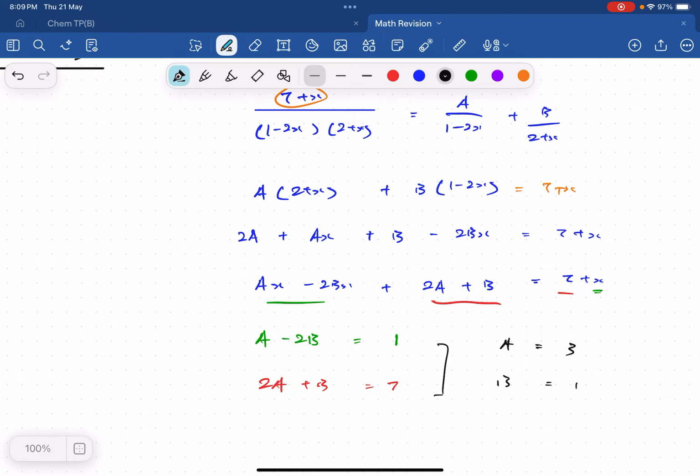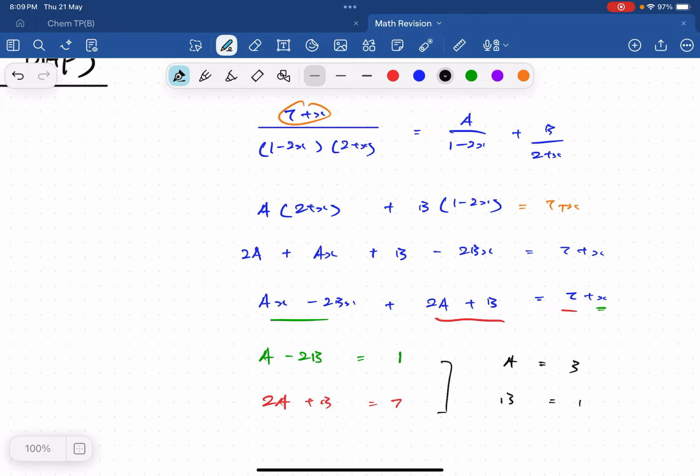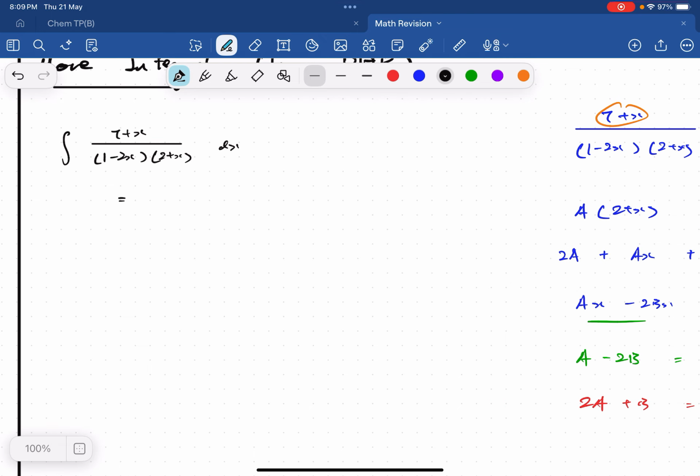So you can take your time, pause the video now, and check on your GC or SC that you get this. Okay, so let's go back. We can express this as 3 over 1 minus 2x dx plus 1 over 2 minus x dx.